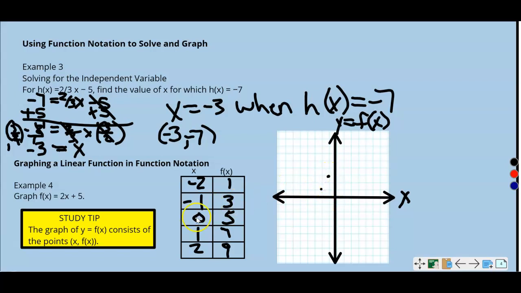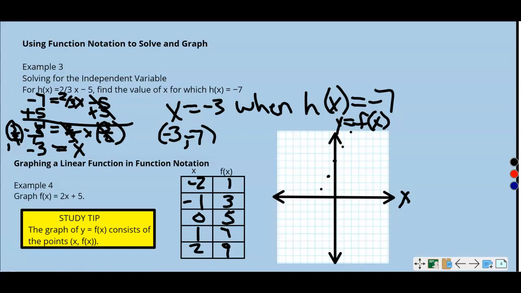That point is there. Then 0, 5: 0, 1, 2, 3, 4, 5. Then 1, 7: we know this is 5, 6, 7. And then 2, 9: this is 7, 8, 9.